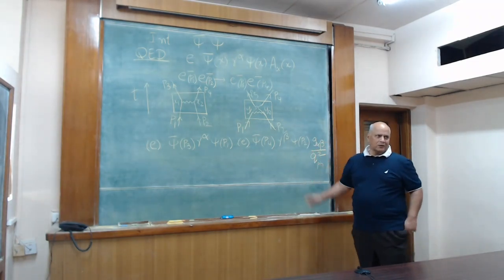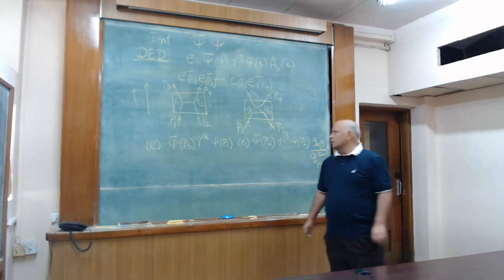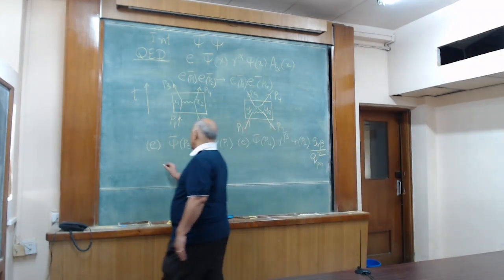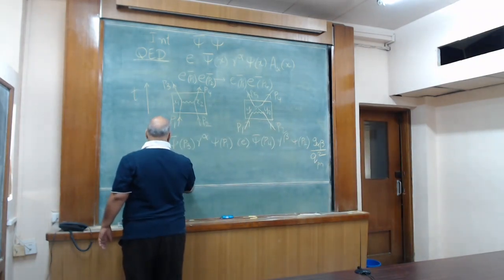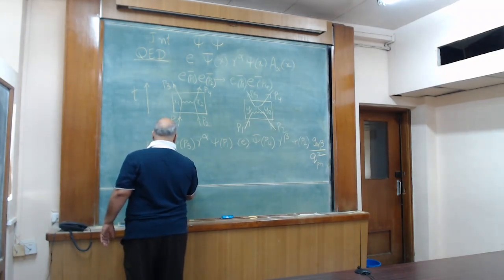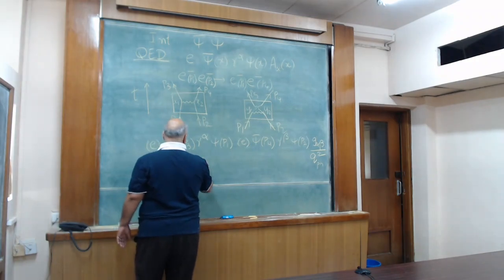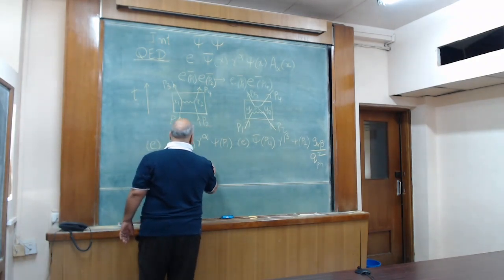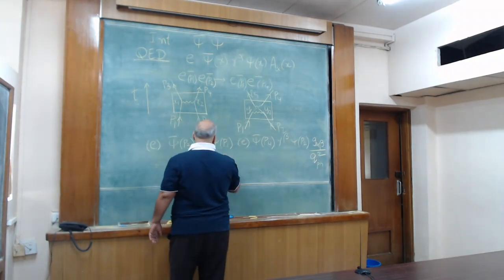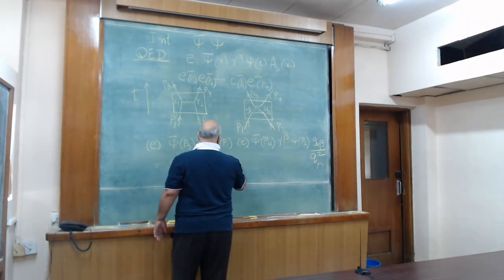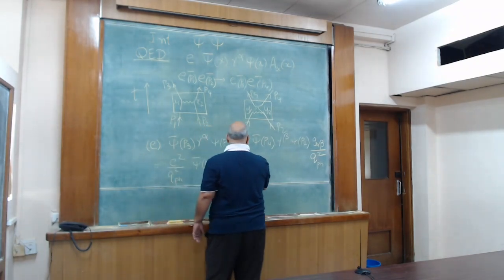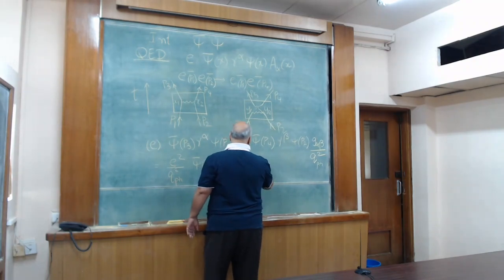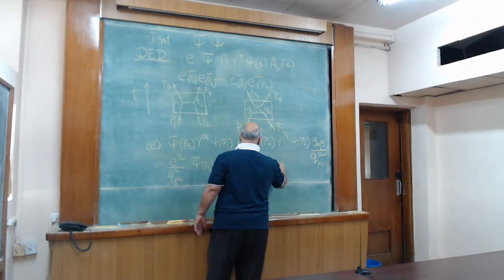That's what this is. So this is e squared by Q photon squared times ψ̄(P3) γ^α ψ(P1) ψ̄(P4) γ_α ψ(P2).